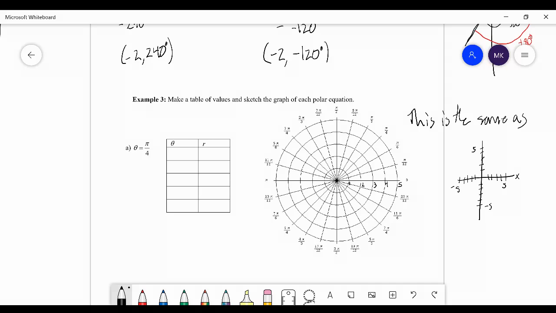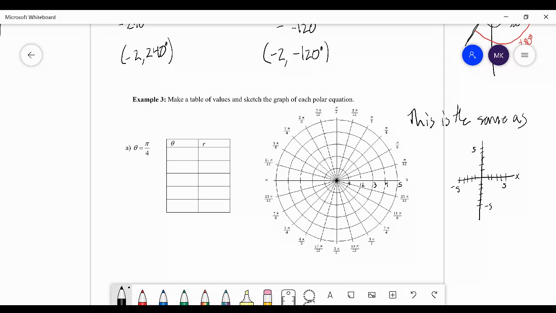So we are going through and creating a graph. Our function, this first one, is simply theta equals pi over 4. Notice there is no r value.